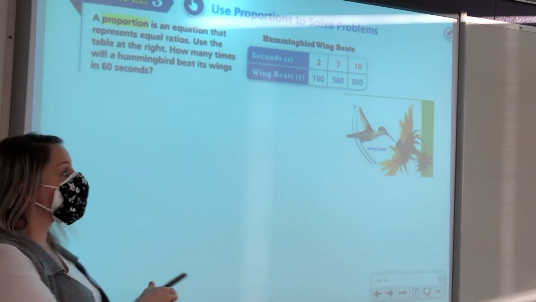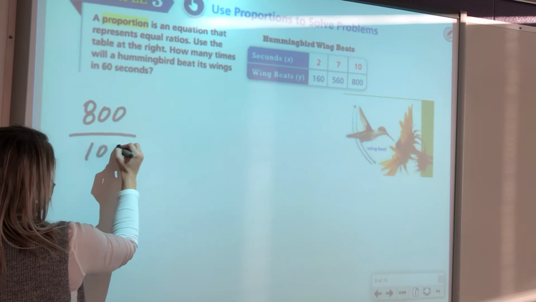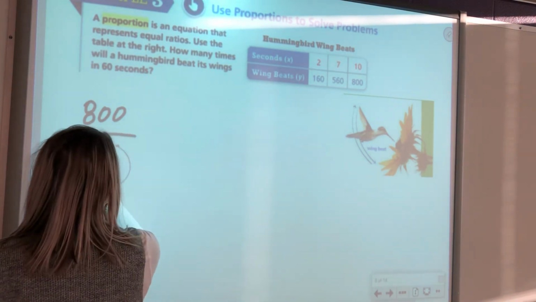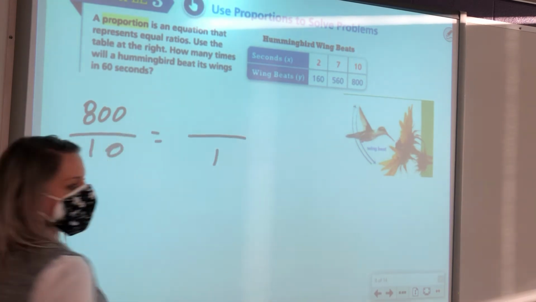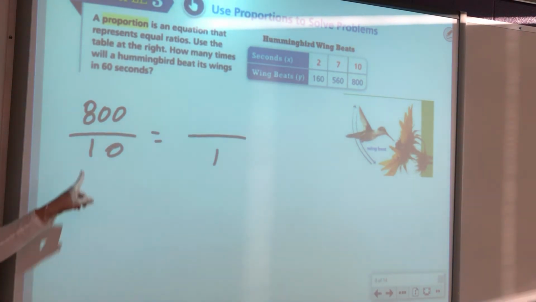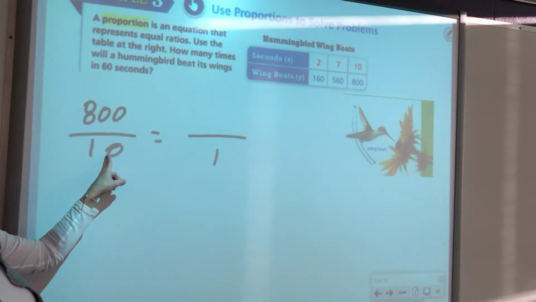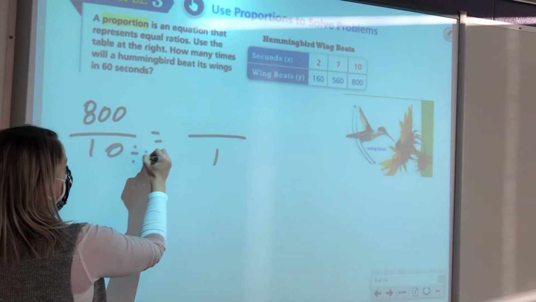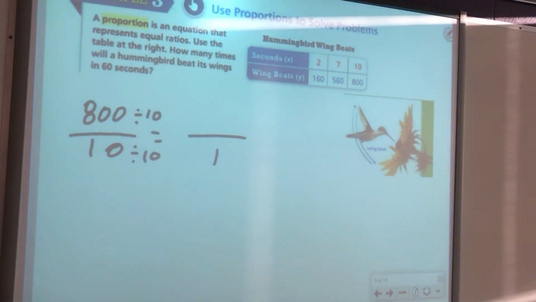Zach wants to get to 1 second. How do I get from 10 to 1? Divide by 10, which would be 80.